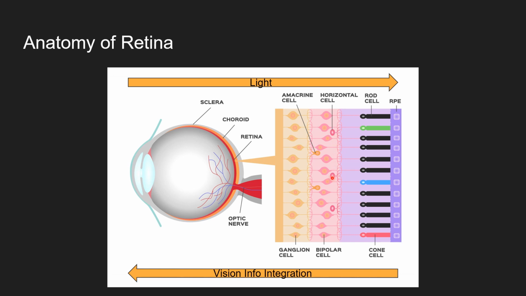And those horizontal cells are just going to integrate that information and send it to your bipolar cells. And then again, bipolar cells integrate that information to the amacrine cells. And then the amacrine cells will integrate that information to the ganglion cells until eventually that information will get integrated to the optic nerve and will go to the brain so that image can be done developing.